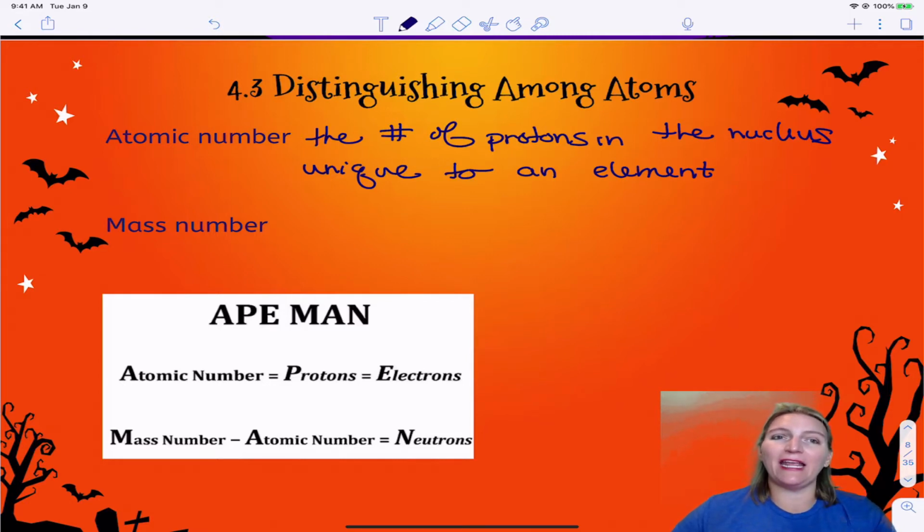Even if we take an atom and somehow change the number of protons in its nucleus, that changes the identity of that atom to that of a different element. And then mass number, as we saw on the previous page, is the sum or the total of protons plus neutrons in a particular isotope of that element.